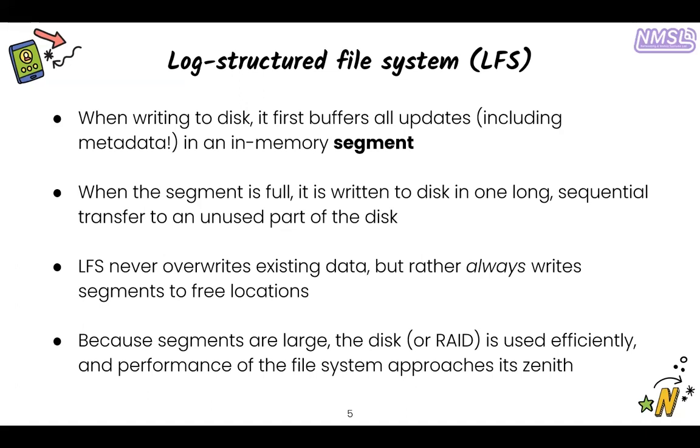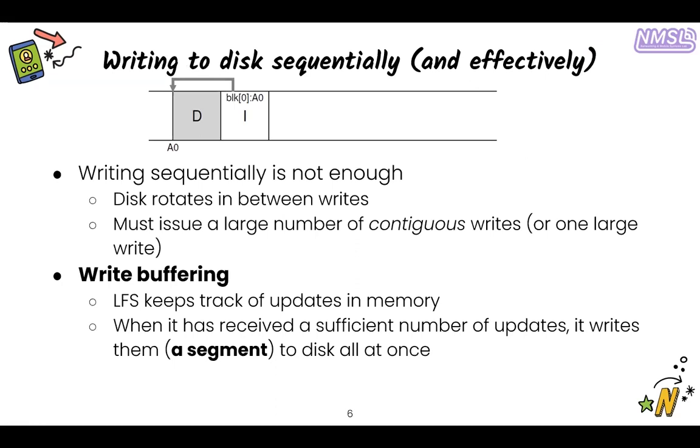Now, what LFS does here is that it never overwrites, but rather always writes segments to free locations. Because segments are large, the disk is used efficiently and the performance gets much better. So writing to disk sequentially and also effectively.